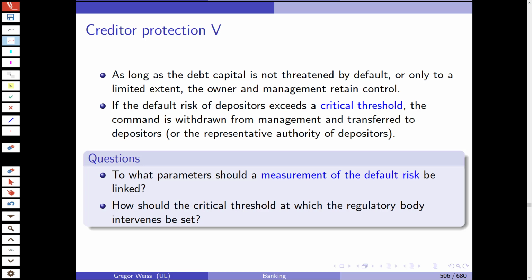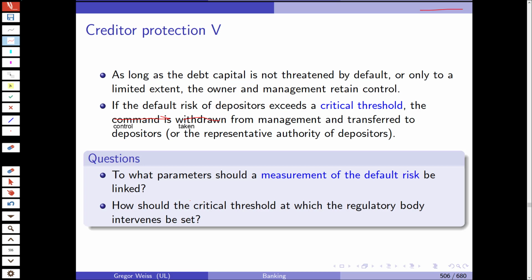If the default risk of depositors, however, exceeds a critical threshold, the control, that's not command, but control over the company, is taken from management and transferred to depositors, or at least the representative authority of depositors, for it could be the state.